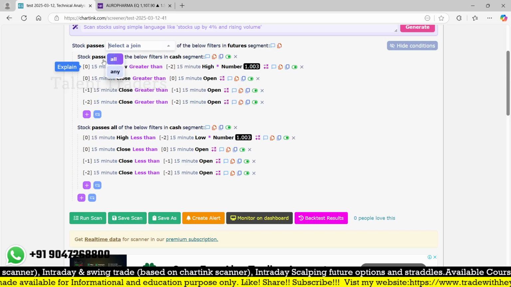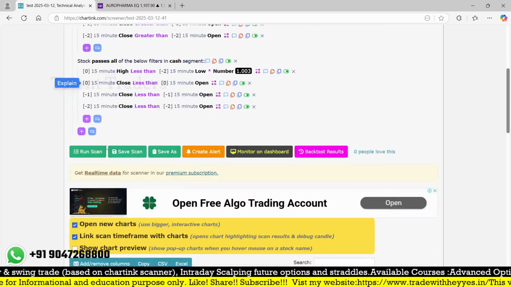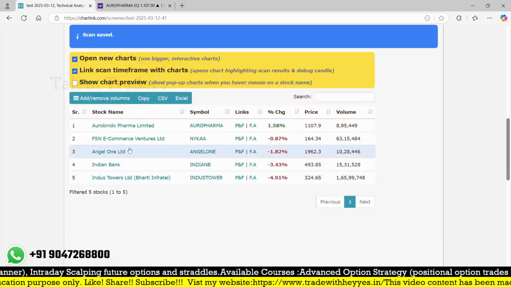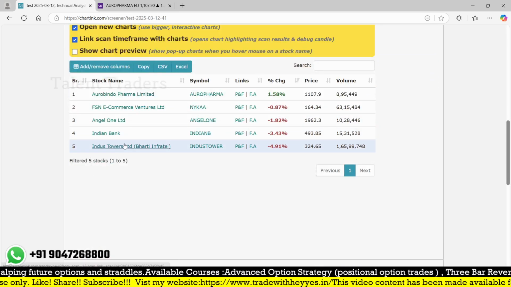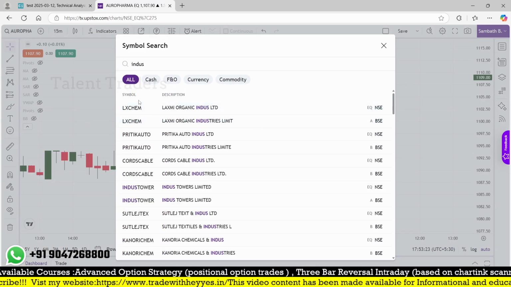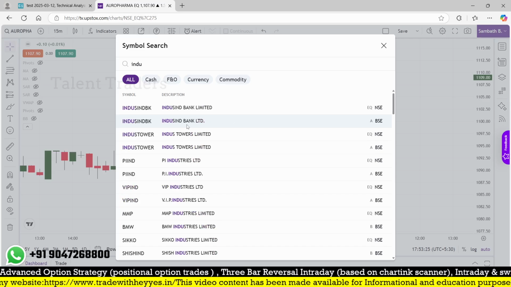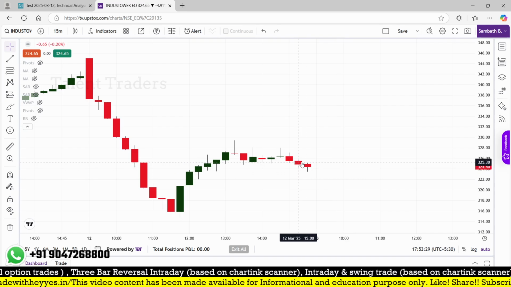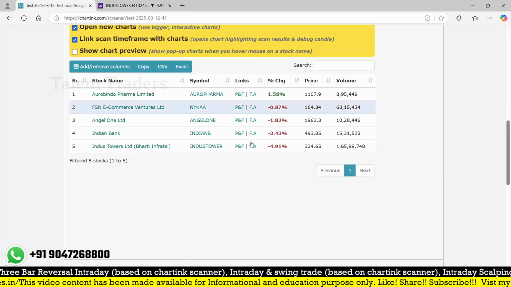So here we need to use any of this. Okay, let me save and run the scan. Save this. And let me run. So many. So let me try for this one. Will you find out? So far a downside. So I think not a big down.